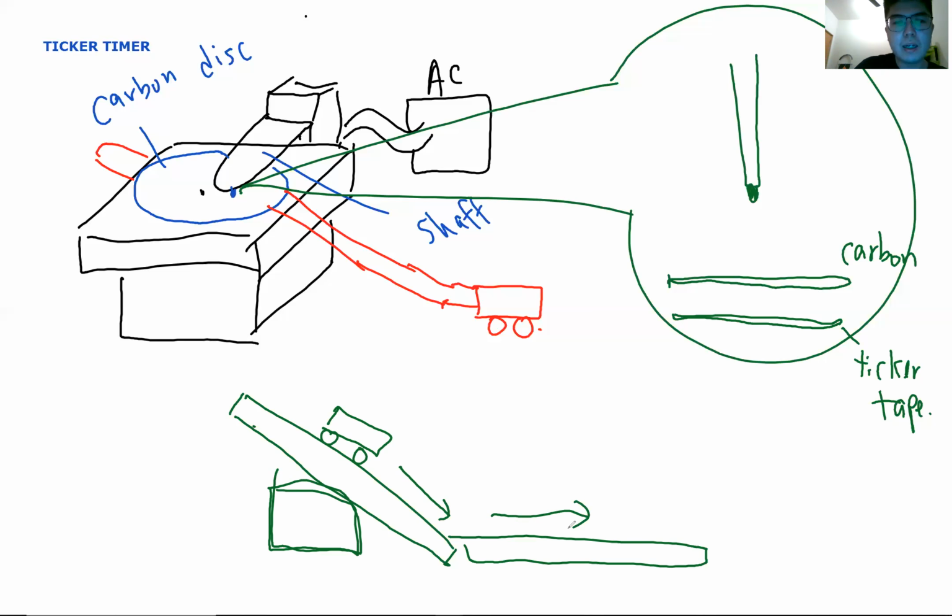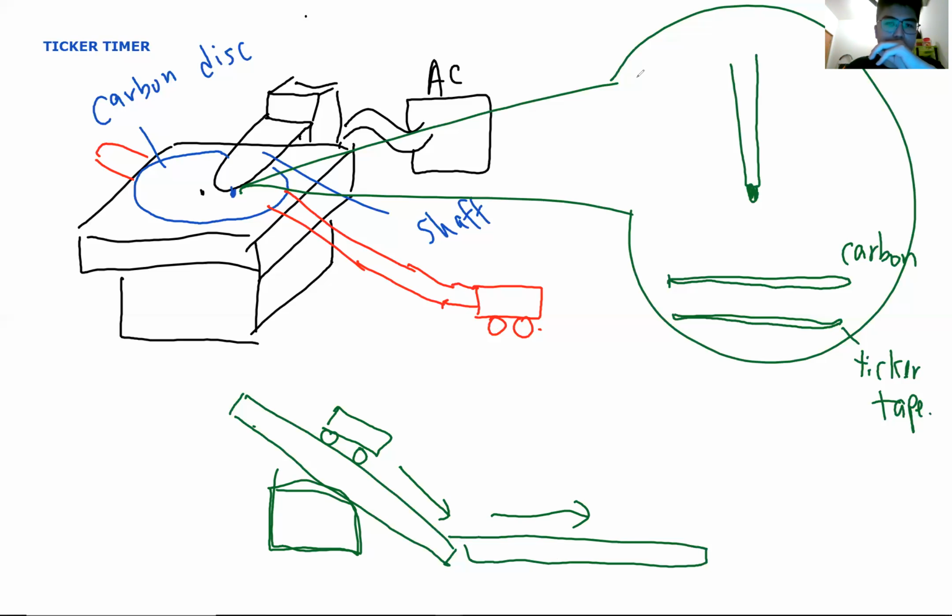But if I want to study how fast it moves, or what is the acceleration of the trolley, or what is the velocity, what is the initial and final velocity, or what is the change in momentum. Okay, so ticker timer can be useful in this case. Okay, why? Because it gives us the velocity of the trolley. So how do we calculate the velocity? Today I'm going to teach you how to calculate velocity, or how to analyze the ticker timer.